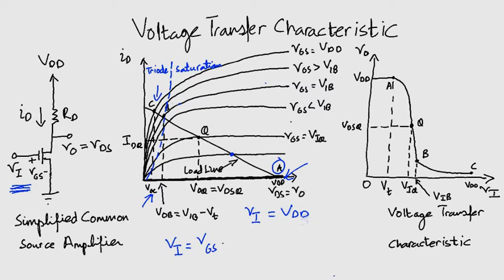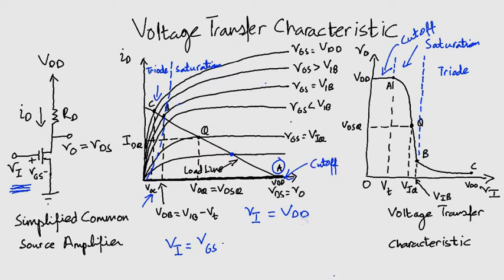So what does this teach us? Let me identify three different regions on the voltage transfer characteristic: the triode, saturation, and cutoff region. Let me write down the cutoff region in the middle figure as well.